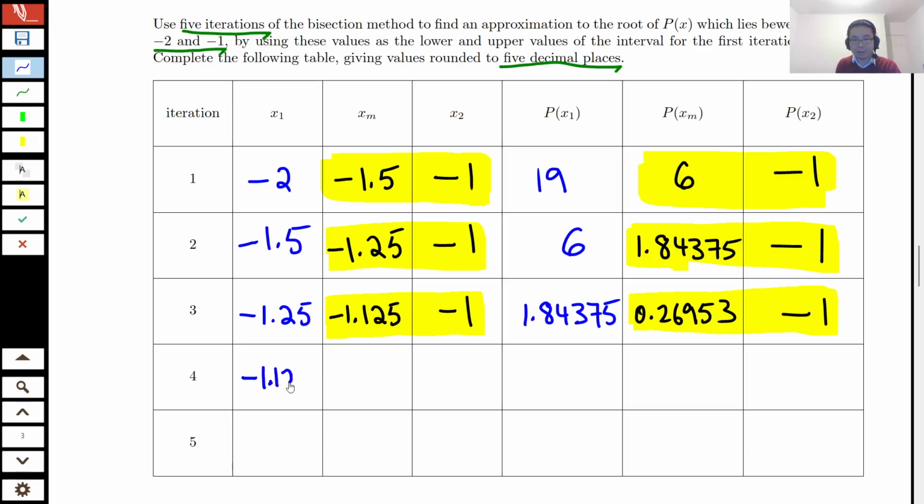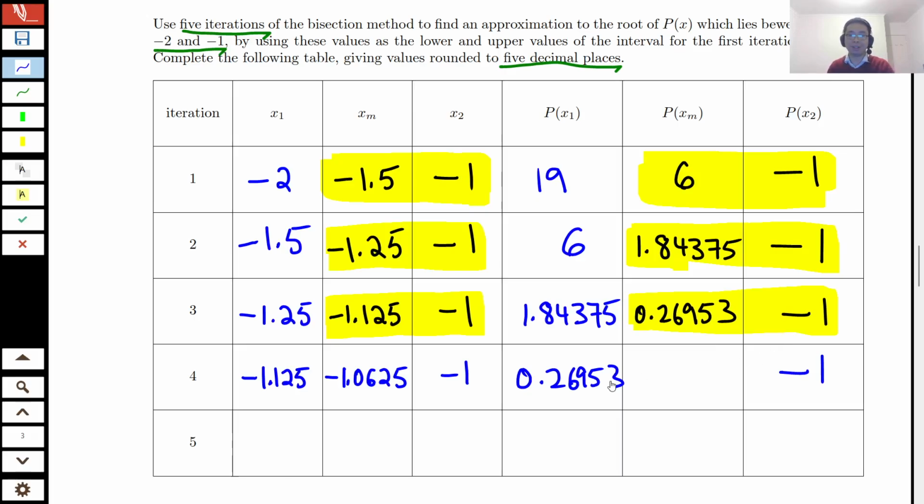So by now, you're hopefully getting the picture here. Now, at some point you're going to need to find the midpoint using your calculator. I'm still able to do this mentally because I know these numbers, but the next one I won't be able to do mentally. I'd have to get a calculator out, so I'll show you what that looks like.